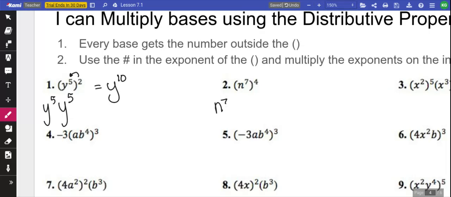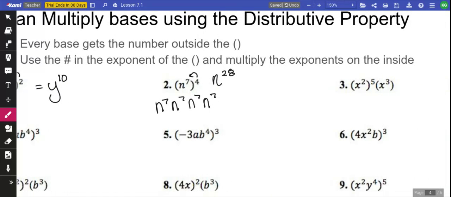This one is n to the 7th 4 times. So if I add those up, or if I just take 4 times 7, I would get n to the 28th. On this one, first I'm going to distribute x to the 10th, and then I'm going to combine like terms.